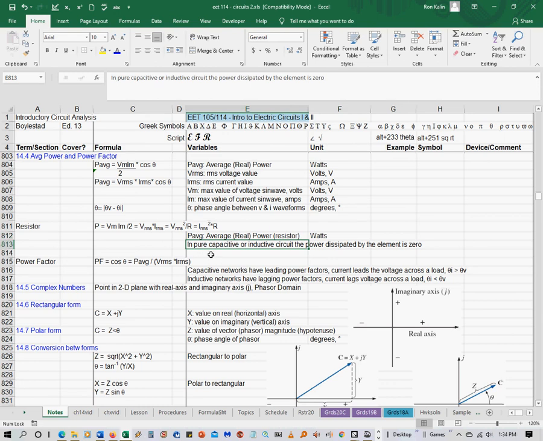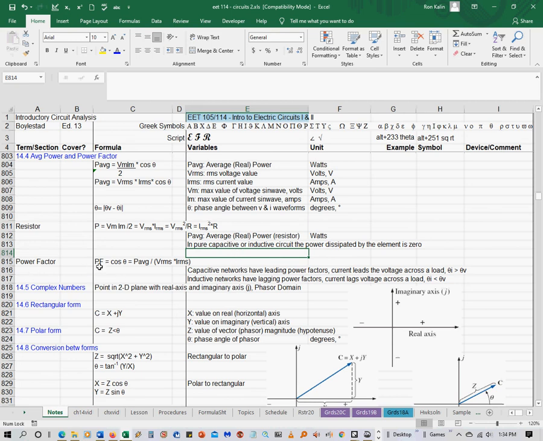In a purely capacitive or inductive circuit, the power dissipated by the element is zero, meaning neither one of these elements dissipates real power because they are reactive elements. They only have a reactive component.